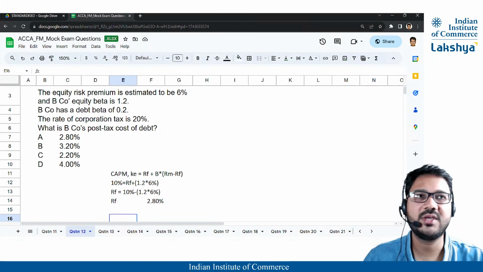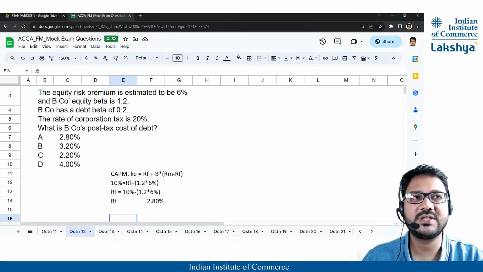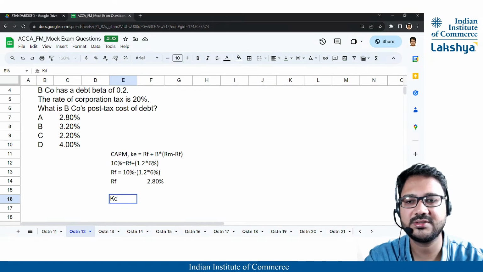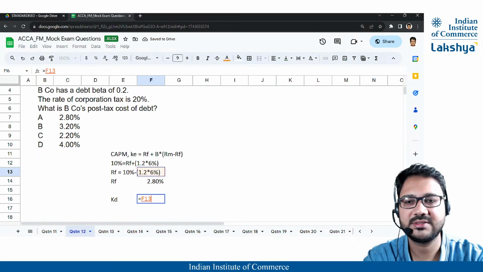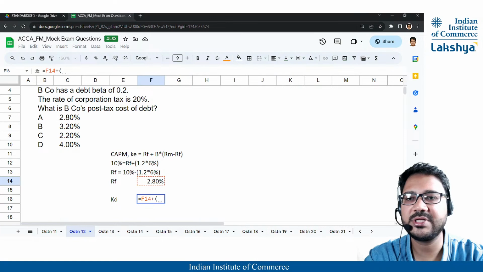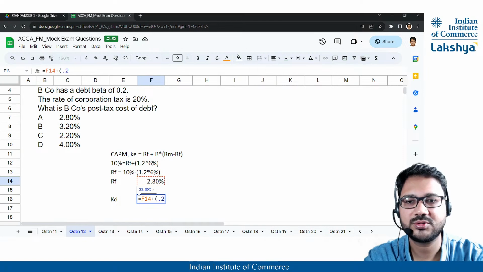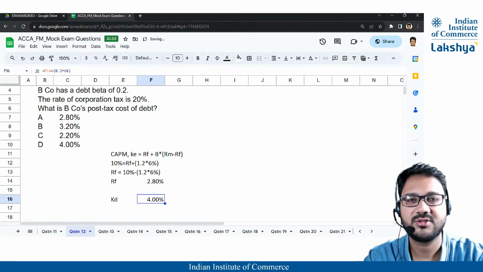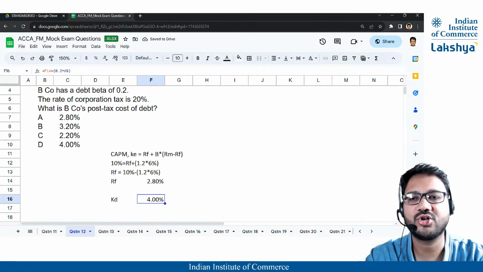KD is equal to risk-free rate, that is this, plus debt beta, 0.2, into the market premium, which is given to us, 6%. So 4% is our cost of debt.